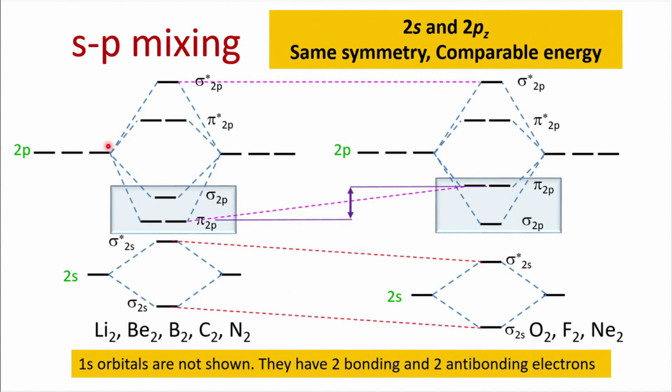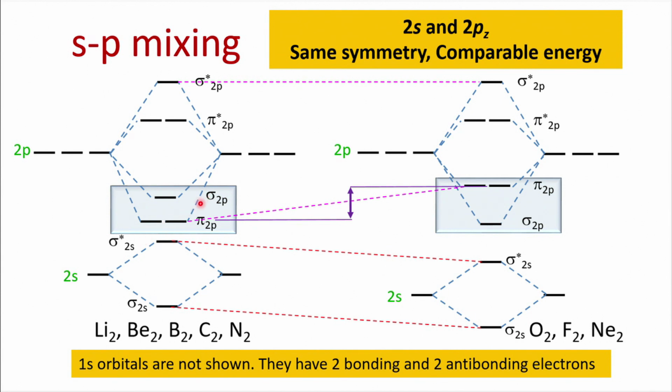One 2s atomic orbital from each atom and one 2p atomic orbital from each atom combine to give 2 sigma bonds or 4 molecular orbitals, 2 bonding and 2 antibonding. So the sigma bond formed by the 2s atomic orbitals is lowered in energy.